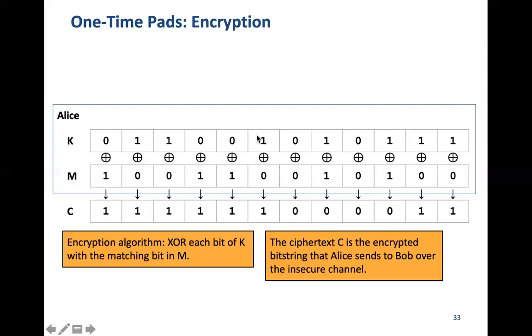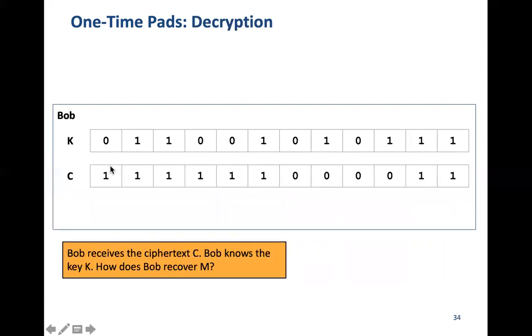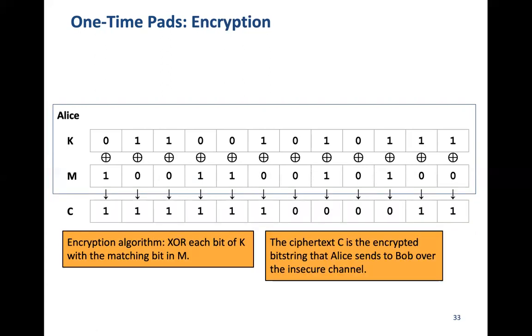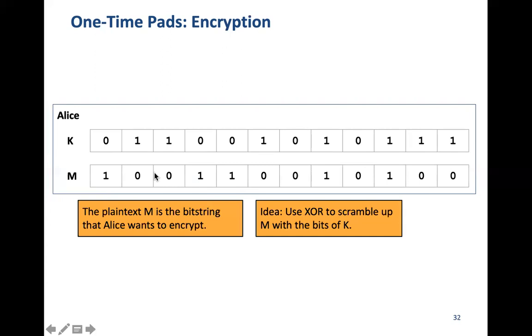Now Bob can get back the message which Alice has sent by simply exclusive ORing these two bit strings. So this is the message that was sent by Alice. You can check it: 1001110, etc. So you can see that it is the same as this message here.